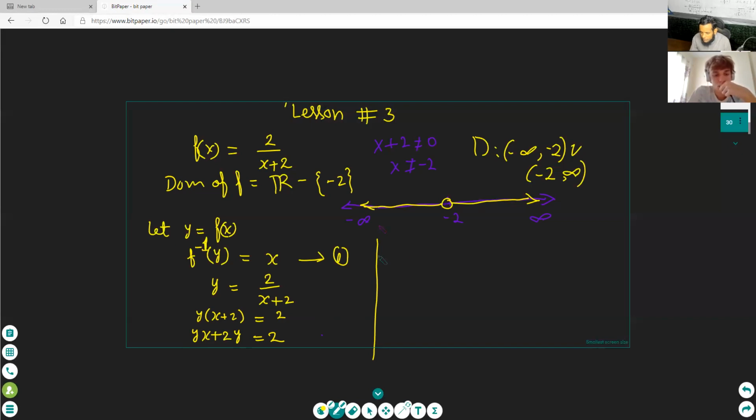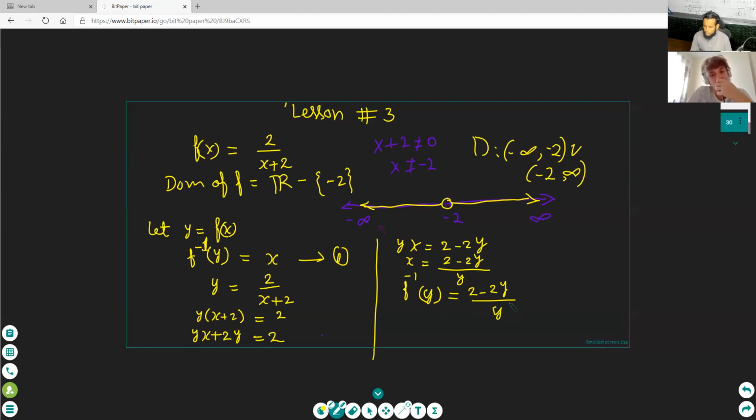We will put the x term only on one side and all other terms on the other side. On the left side, x will be 2 minus 2y upon y. Clear? This is our x. We will put f inverse y is equal to 2 minus 2y upon y.